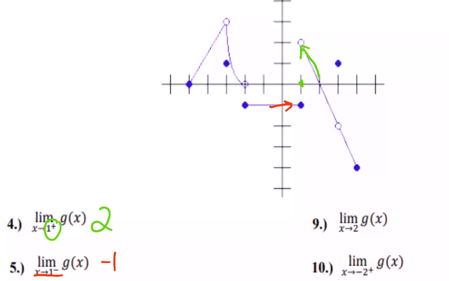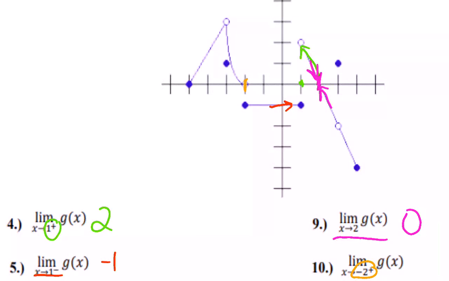Okay, limit as x approaches 2. So x value of 2 is right here. So from the left, from the right, I'm going to the same place, which is 0. And my last one is as x approaches negative 2 from the right.